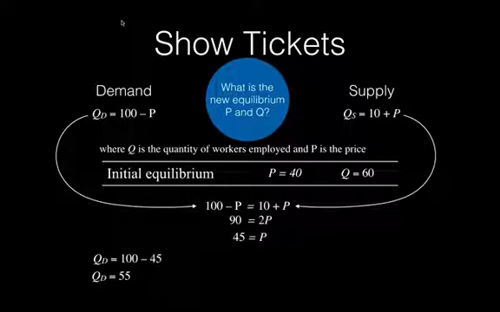So we get 100 minus 45 is equal to 55. And for the quantity supplied, it is 10 plus 45, which gives us 55. So the new equilibrium price, given the supply shock, the supply curve shifting to the left, is now equal to $45 per ticket, and the equilibrium quantity is equal to 55.